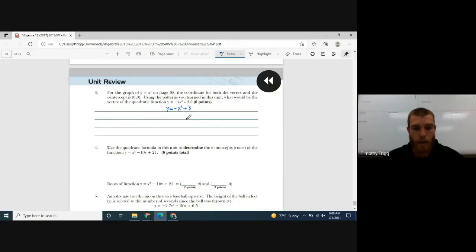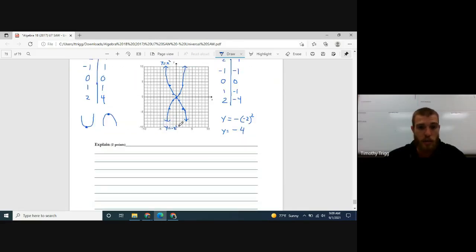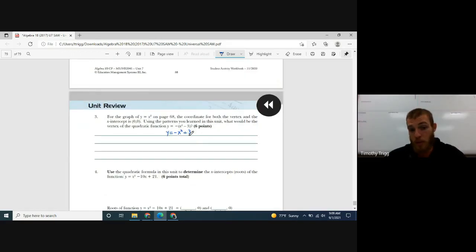All right, so what's the vertex for this one? Well, one thing you could try to do is graph it and then just find where the vertex would be. But you should be able to see that this has a negative x squared, similar to this negative x squared here, but it has a +3 there. What that +3 would do is shift the graph up.